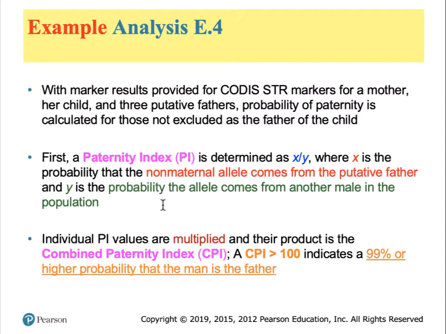Once that's calculated for each of the loci, then we can combine them into something called a combined paternity index, CPI. And that's simply a multiplication of the individual PIs. And once we get a CPI of greater than 100, that indicates a 99% or even higher probability that the man is the father and there is no other.